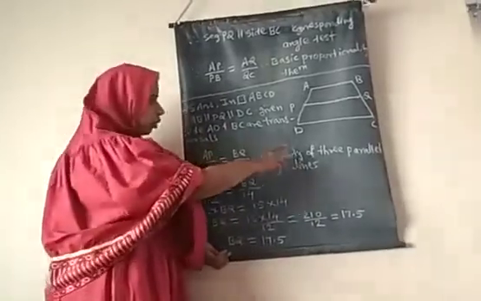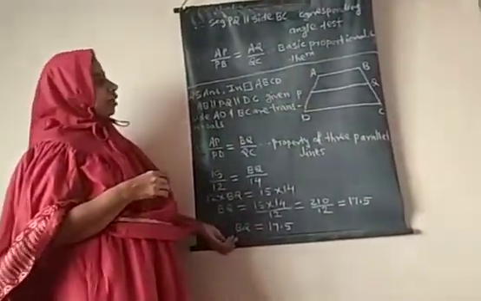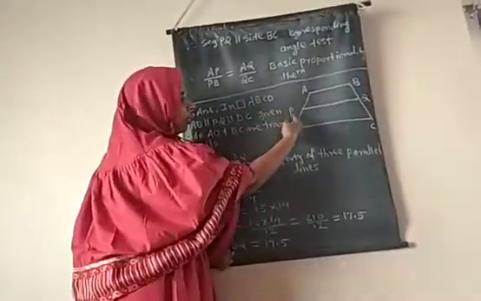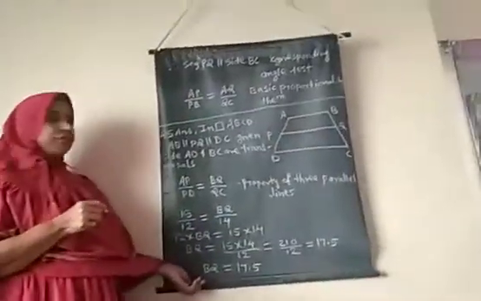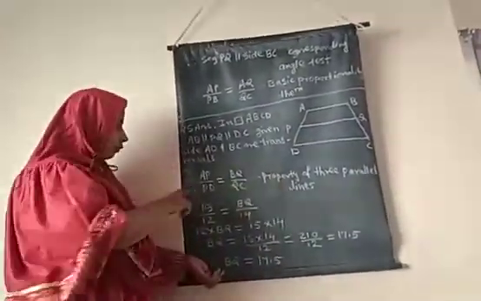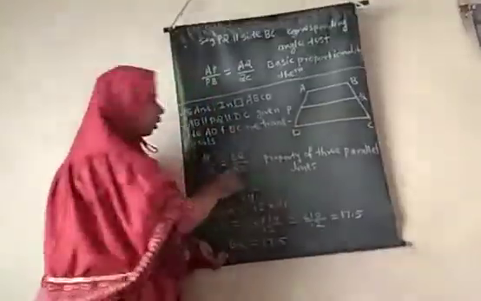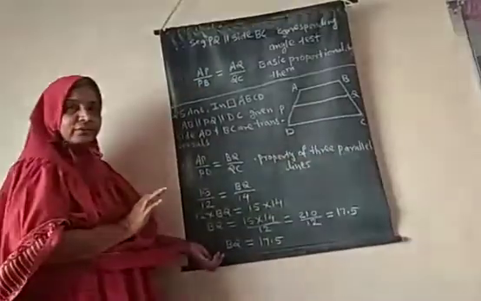Therefore, according to this property, the transversal divides the three parallel lines into intercepts, and the intercepts are AP, PD, BQ and QC, and their ratios are equal by this property. Therefore, AP upon PD is equal to BQ upon QC. The reason is the property of three parallel lines.